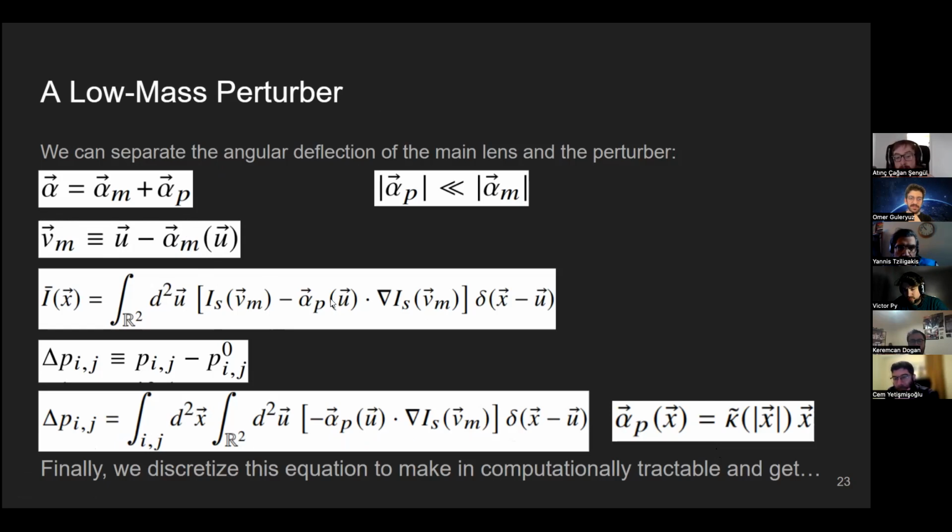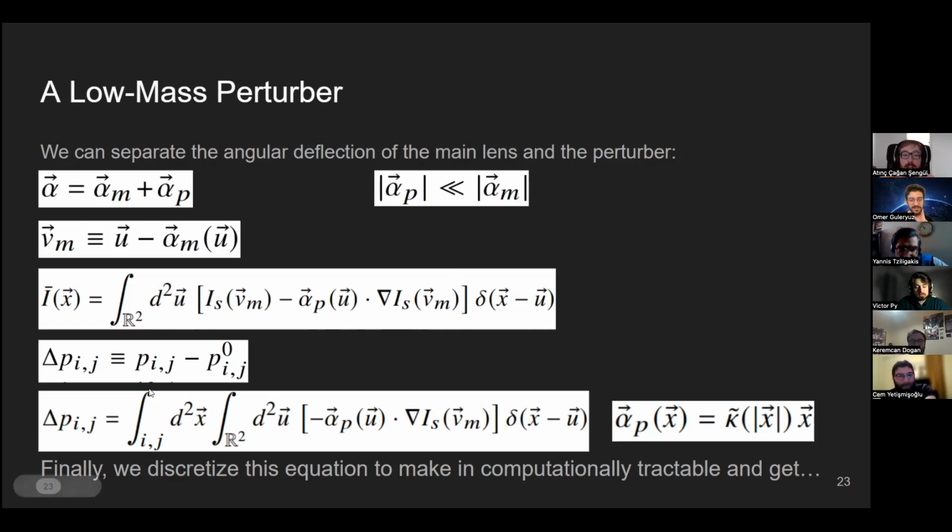When you expand that, the angular deflections of the perturber cause the position in the sky that you observe to be mapped onto a slightly different point in the source. And in that direction, the source has some gradient of brightness. So now you get mapped onto some slightly less bright or slightly more bright location due to the effect of the perturber. So the pixel brightness either increases or decreases in different locations due to the effect of the perturber.